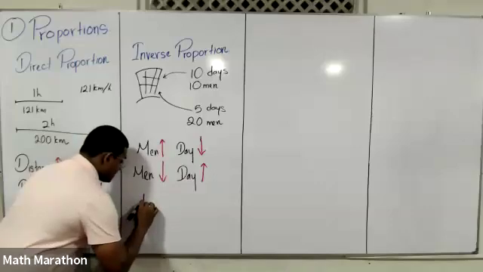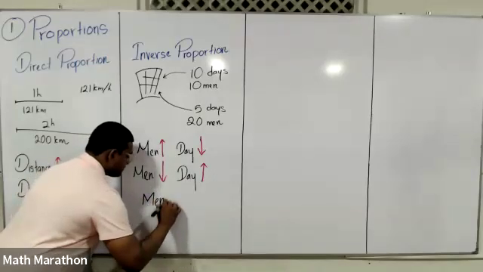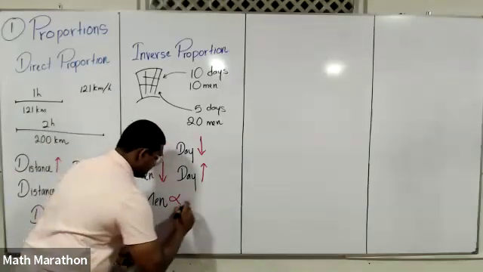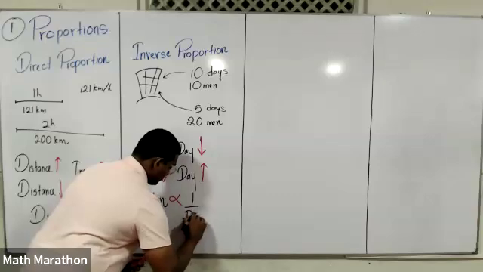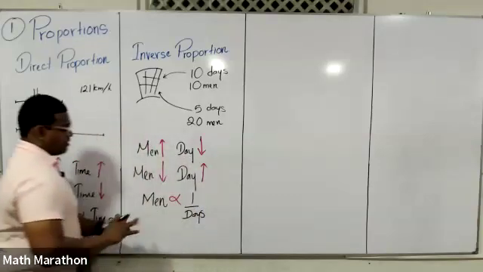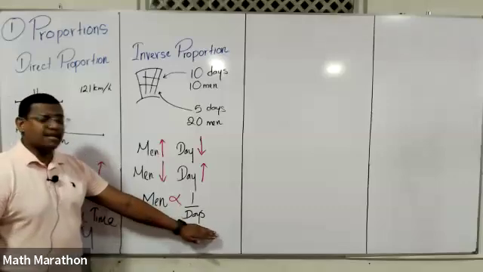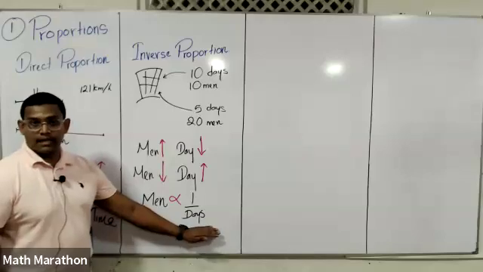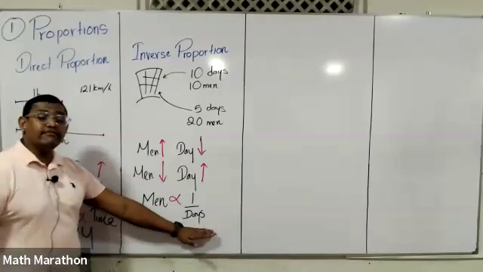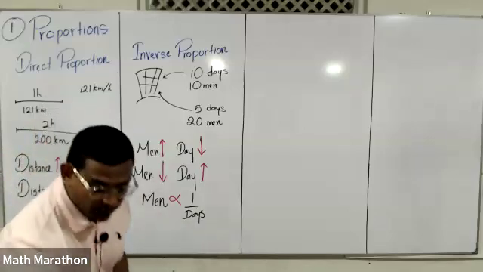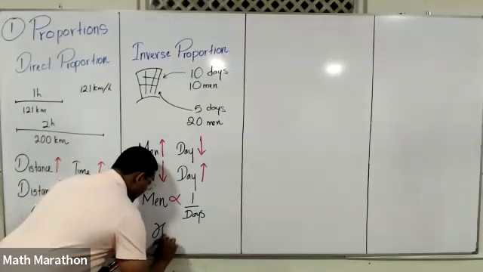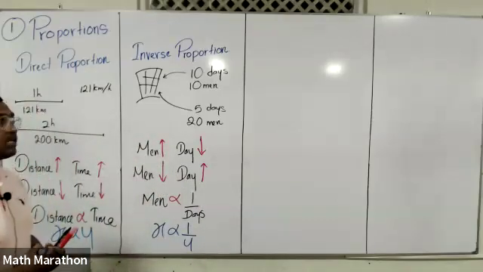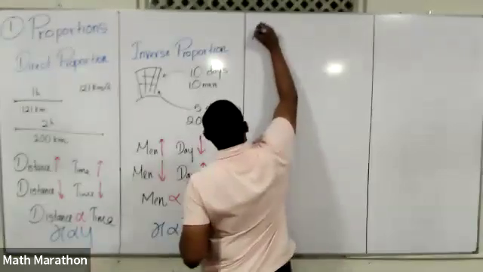So we write it as number of men are inversely proportional to time or days. Men are inversely proportional to days. It's not men are proportional to 1 over days. Clear? So we write it as x is inversely proportional to y. Clear? So now we'll go for the answer.